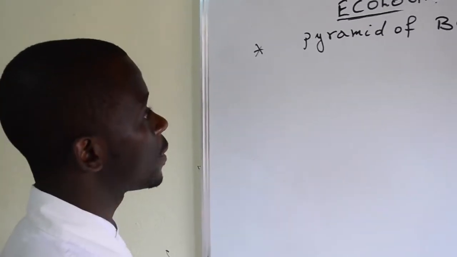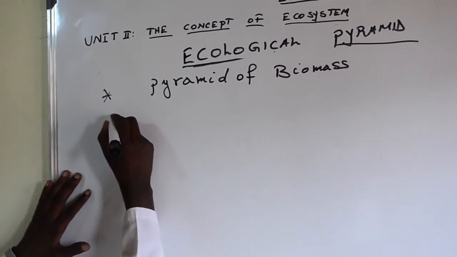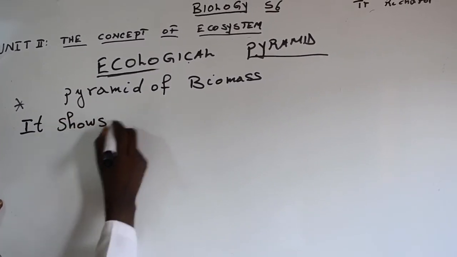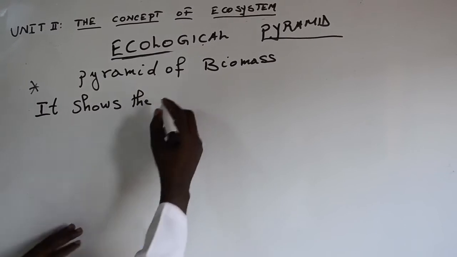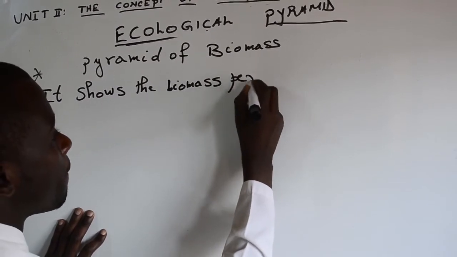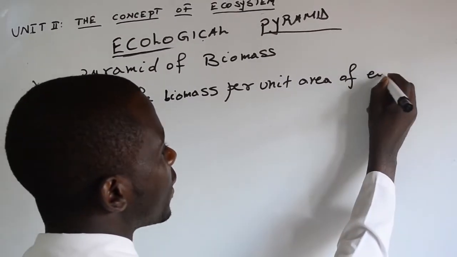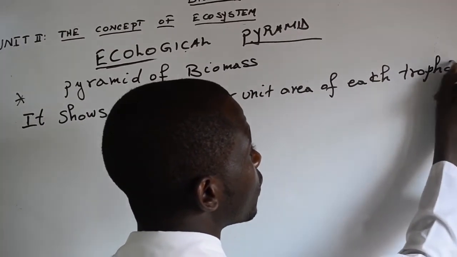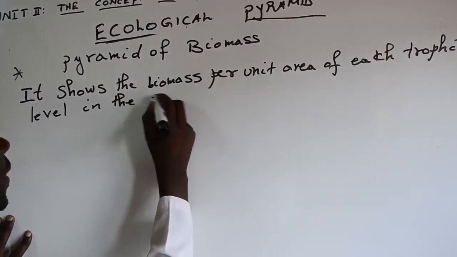Yes, dear students, the second pyramid is the pyramid of biomass, which shows the biomass per unit area of each trophic level in the ecosystem.